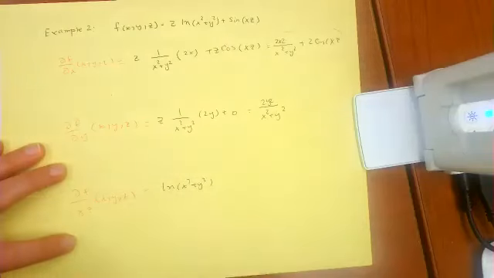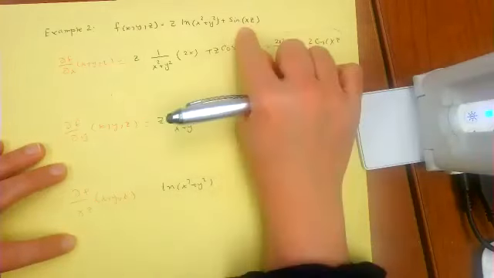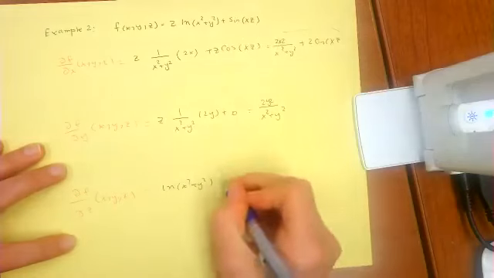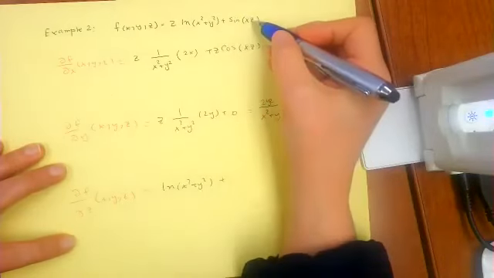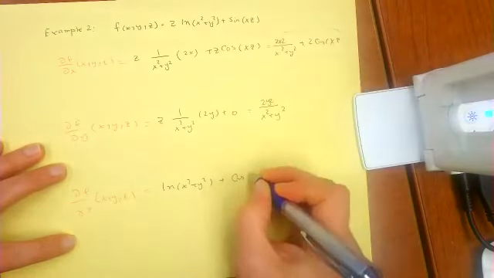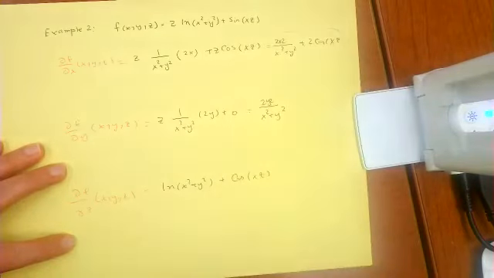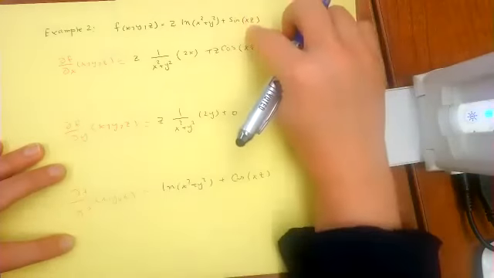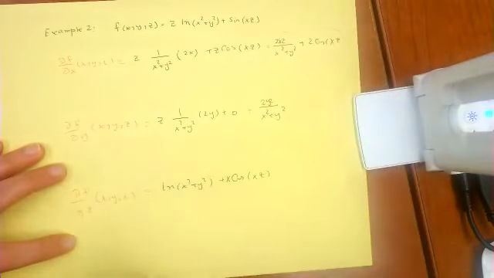That's the constant coefficient rule. And over here, we have sine of xz, and z appears in there, so this is not constant. I end up with cosine of xz times the partial of inside with respect to z, which is x.